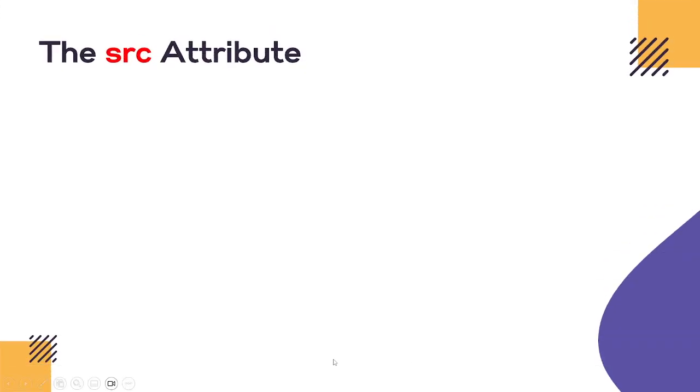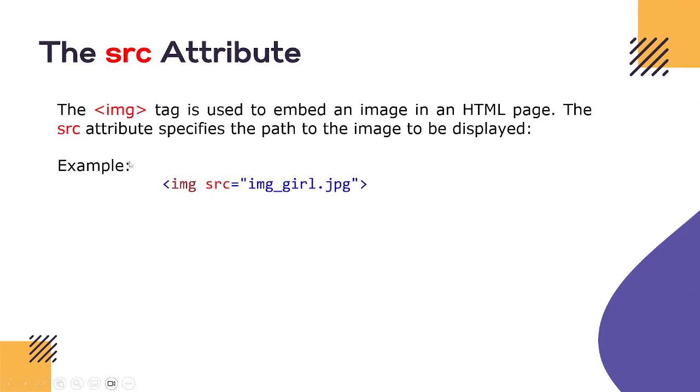The SRC attribute, or the source. The image or IMG tag is used to embed an image in an HTML page. The SRC attribute specifies the path to the image to be displayed. Example: image source equals the value image_girl.jpg. Meaning this is the file name of the picture.